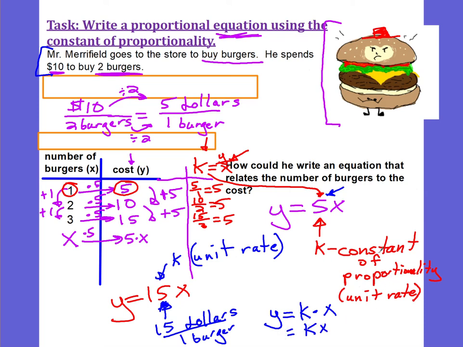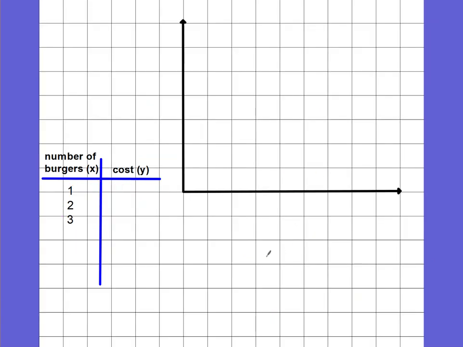All right, one more example we're going to look at. We are going to look at what happens when we try to graph something like this. So we're actually going to use our example from before. We've got our number of burgers, we've got the cost, and we can just fill that in. We know one burger was $5, two burgers was $10, three burgers, $15. And we're going to go ahead and plot this.